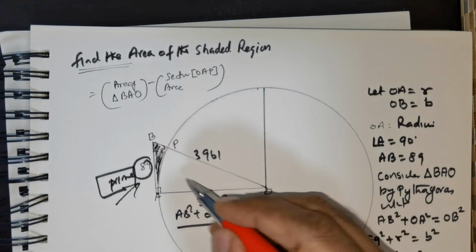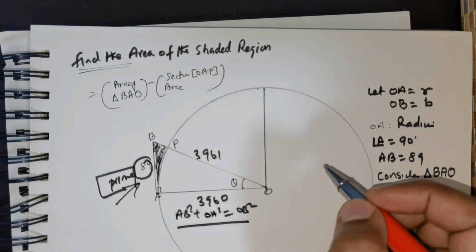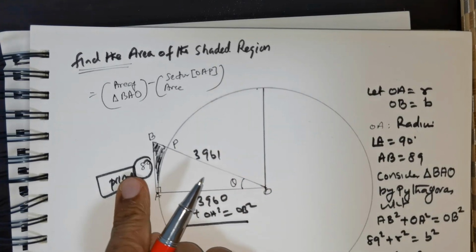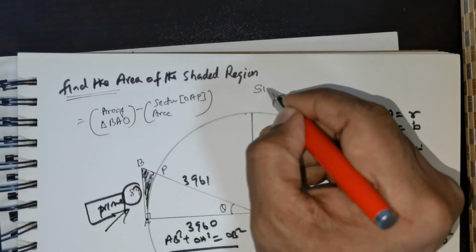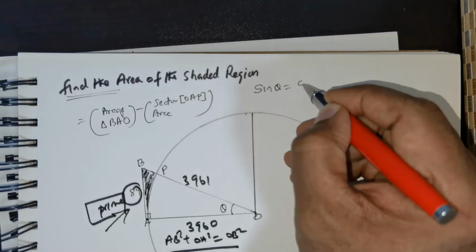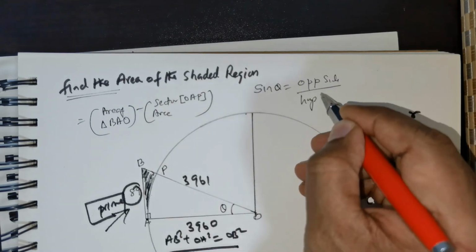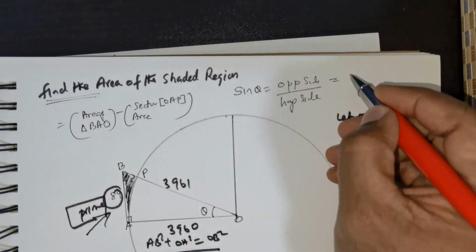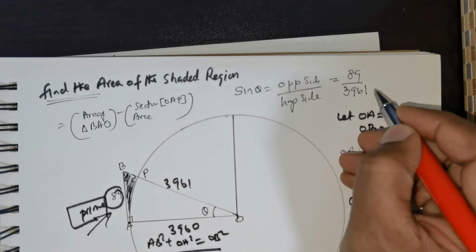Alright, so you need to get the value of theta, right? So what I wish to do is take this opposite side divided by the hypotenuse. So sine theta is opposite side divided by hypotenuse side. So what is my opposite side? 89. My hypotenuse is 3961.